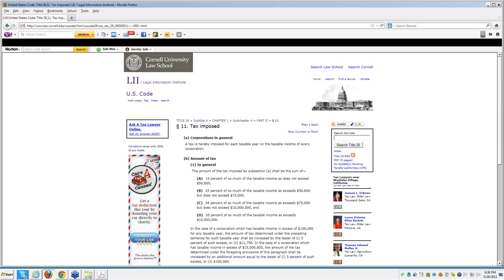Well, the first violation is they didn't take the election to treat the REMIC as a real estate investment trust. That's a $50,000 penalty. The second violation is they didn't file a statement to treat the property as foreclosure property before they foreclosed on it. The reason being, that's what they do.